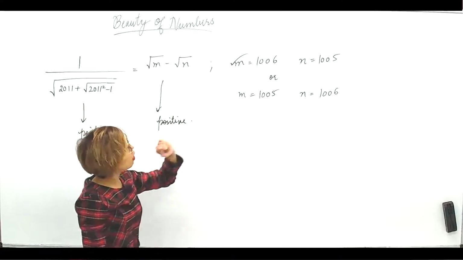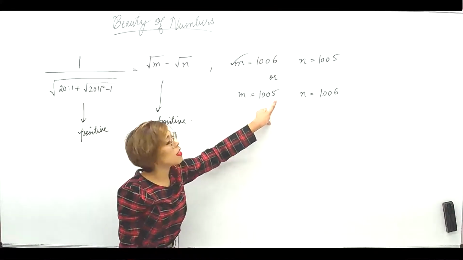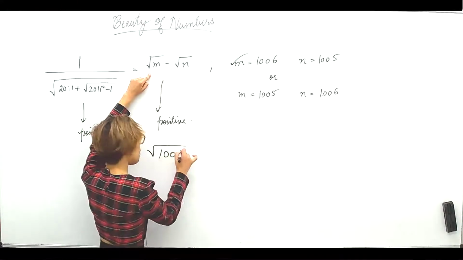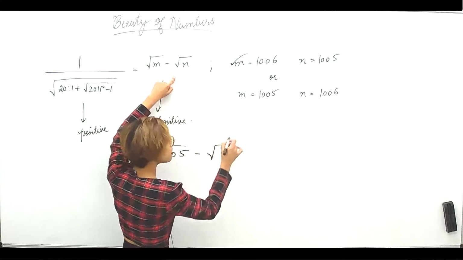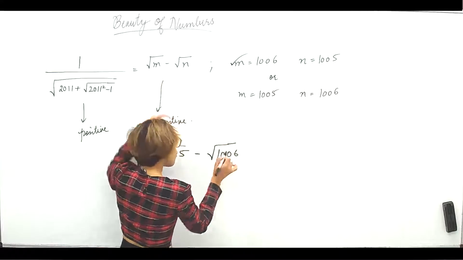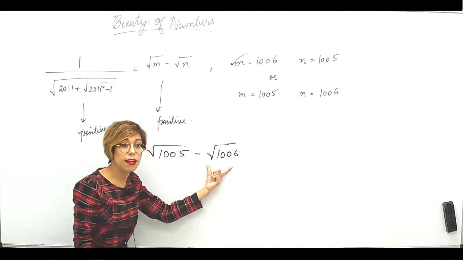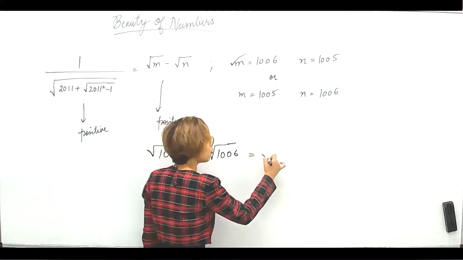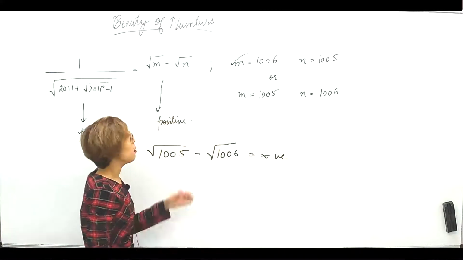Now let me talk about it. When m is 1005, that means square root of 1005 minus square root of 1006. Now definitely this is a negative quantity. Negative term is greater. That means this is negative. Right? But I want positive.